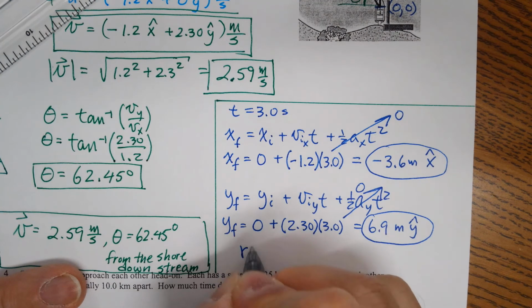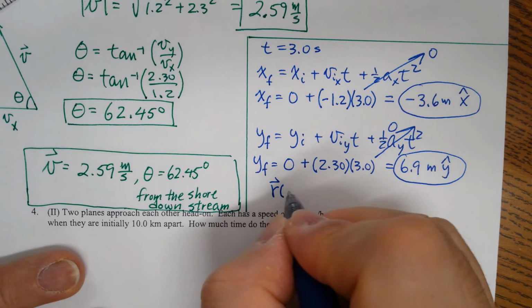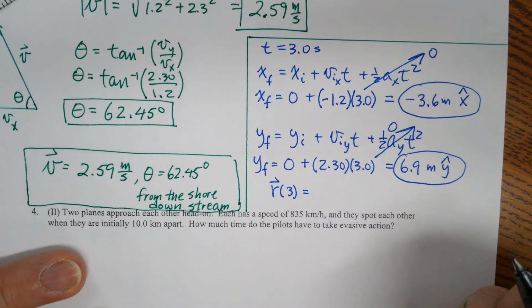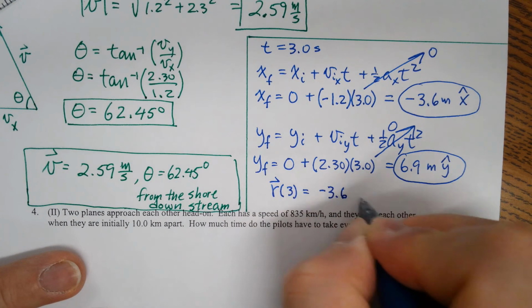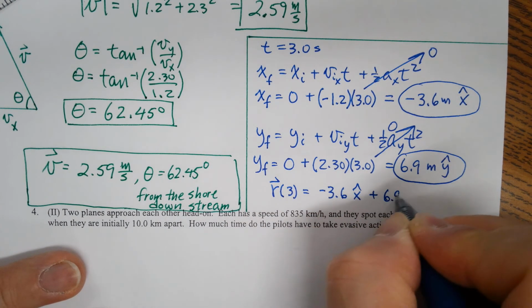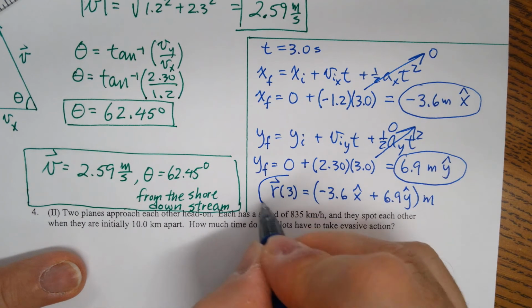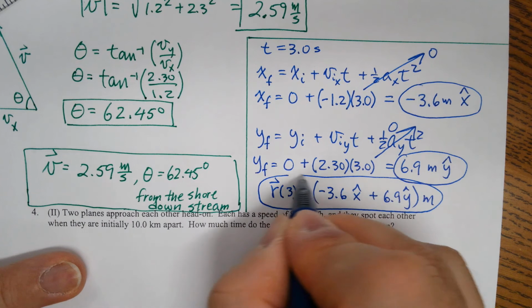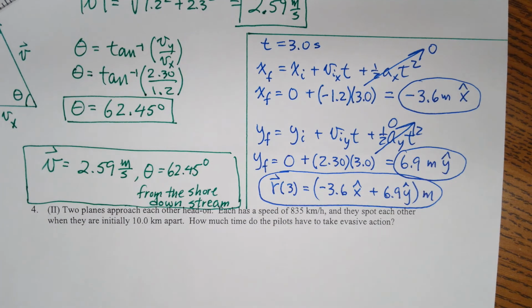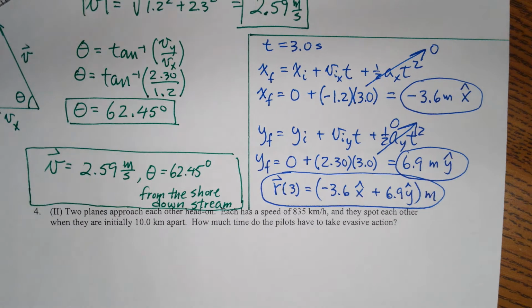So the position of my boat at 3 seconds is equal to negative 3.6 x hat plus 6.9 y hat meters. That's where I'll be. Okay? So that's my part B.